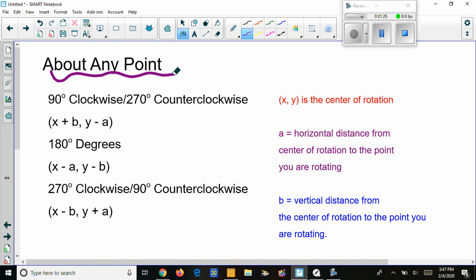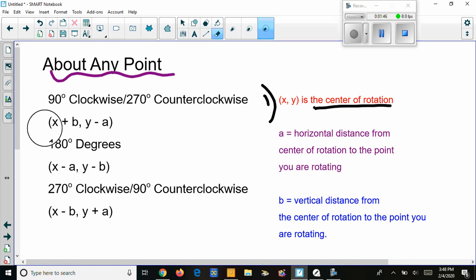And there's a couple things that I need you to pay attention to. First, in these rules, we have X and Y and then A and B. The X and Y will come from whatever my center of rotation is. And that'll be dictated to you. You will be told exactly what that center of rotation is.